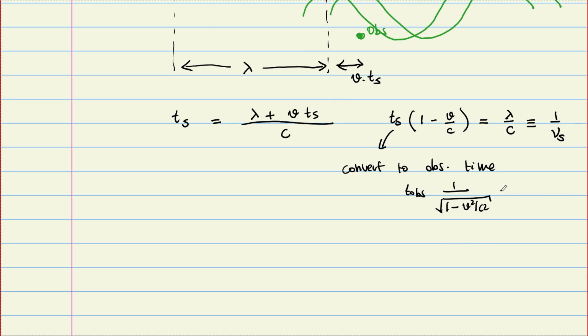For T observer, I'm going to write 1 over nu observer, times 1 over 1 minus v squared over c squared. So I just wrote Ts, and 1 minus v over c should be equal to 1 over nu source.